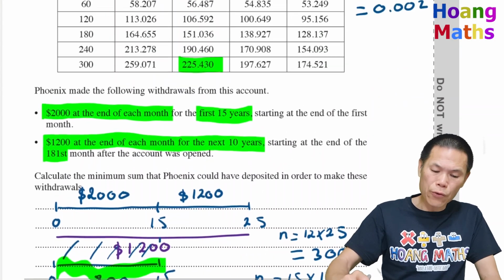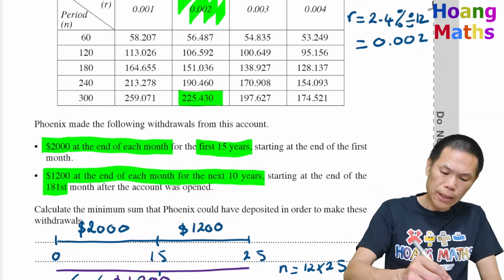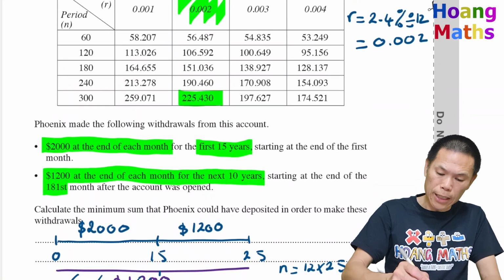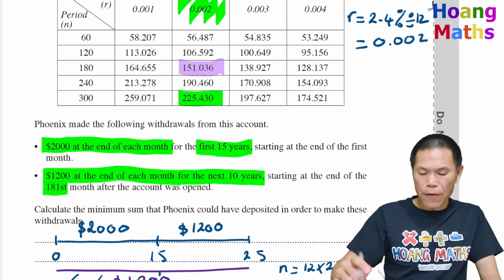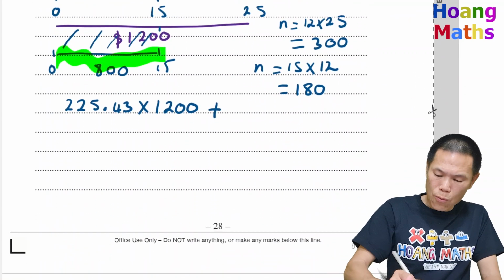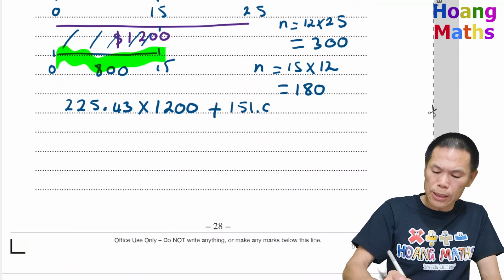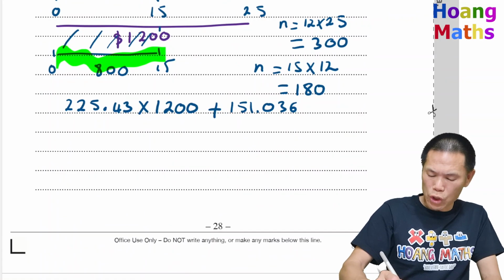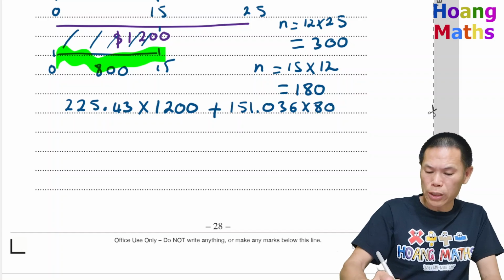So for N equals 180, the annuity factor for a dollar is 151.036. And we multiply by the annuity, that is $800.